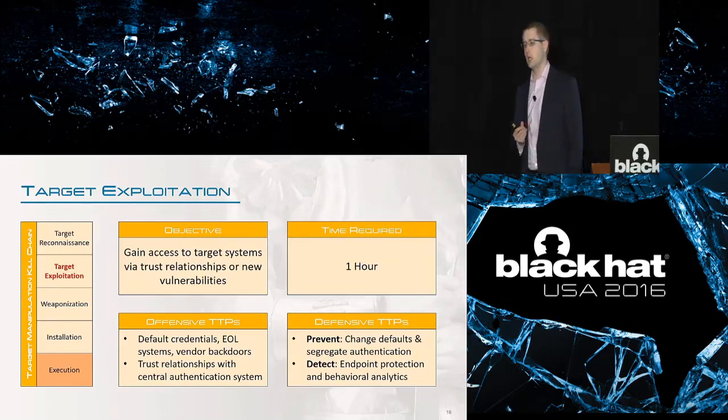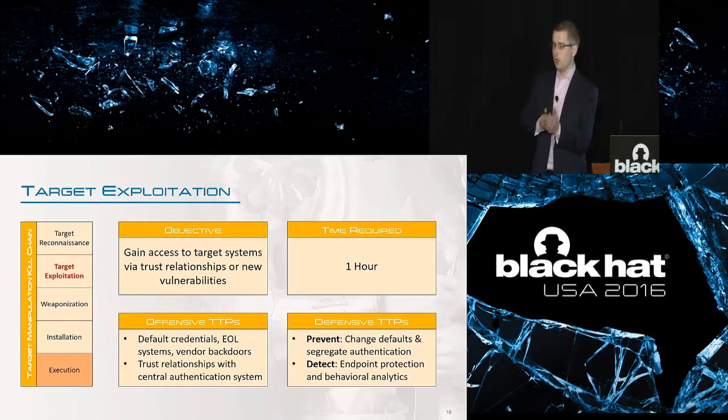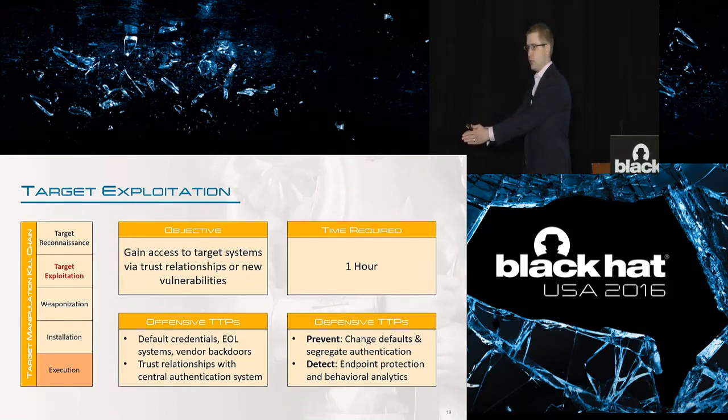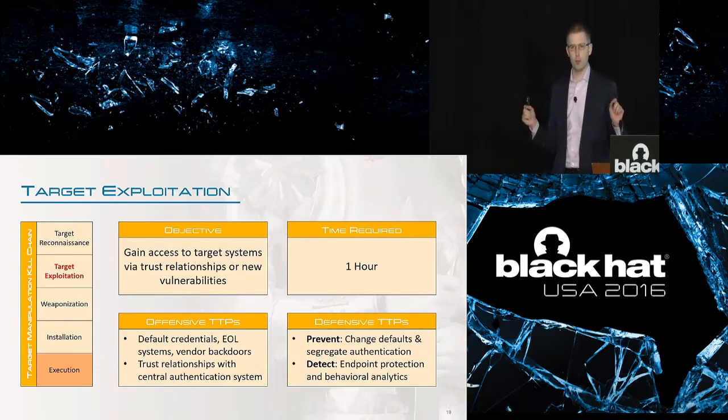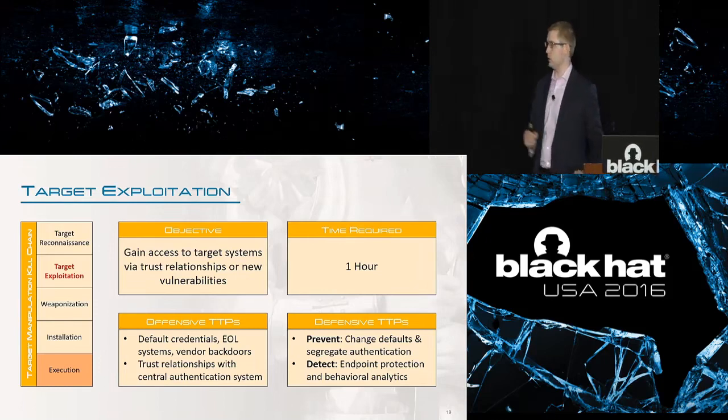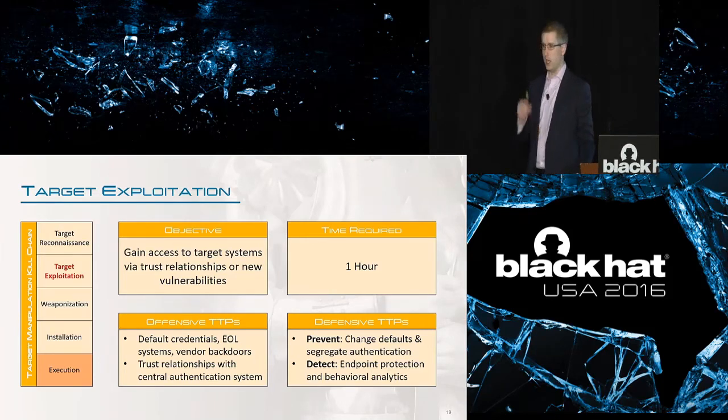More frequently, it's a privileged Active Directory account for the enterprise as a whole that also allows you to log into the HMI workstation in your plant control room. But if you can break that trust relationship, then you increase this time from 1 hour to days or weeks, as the adversary needs to then do research to exploit new vulnerabilities to access these systems.